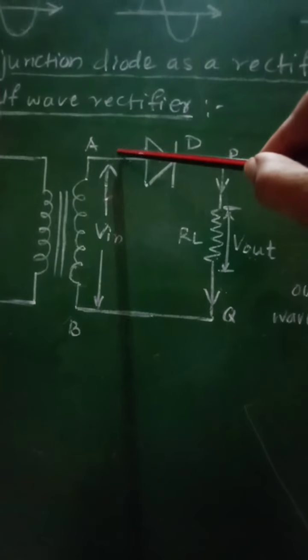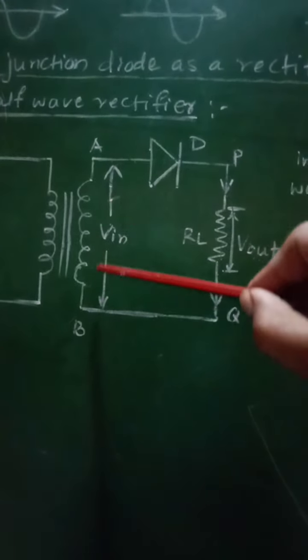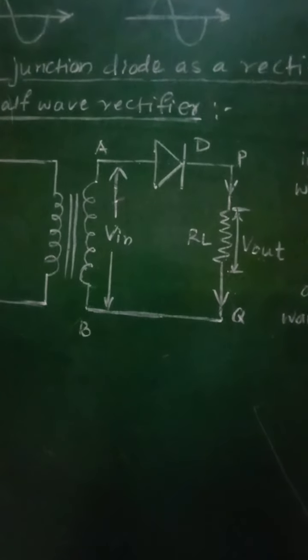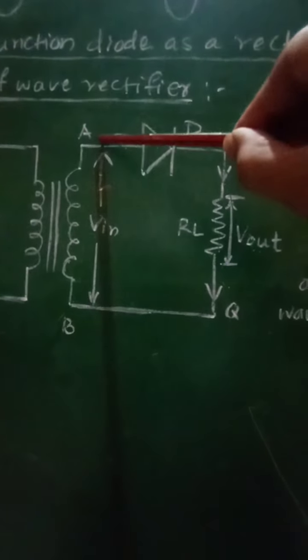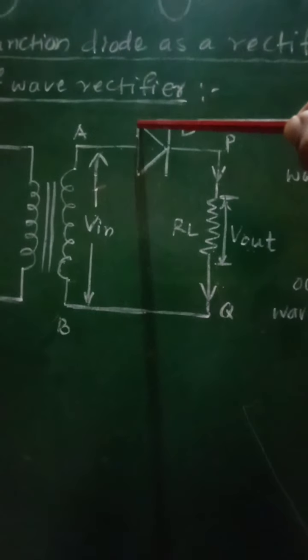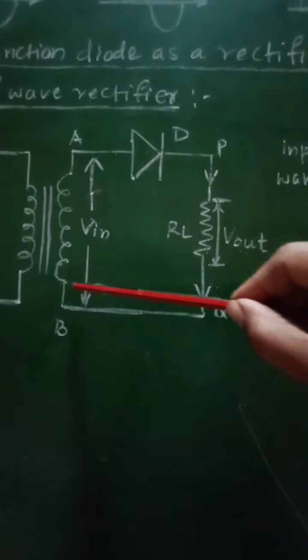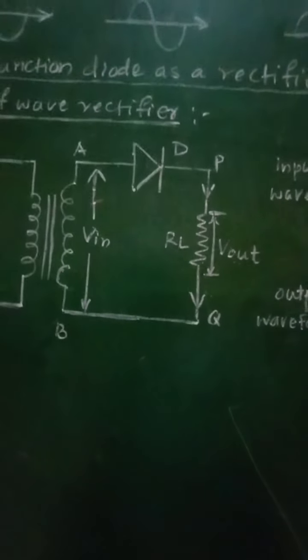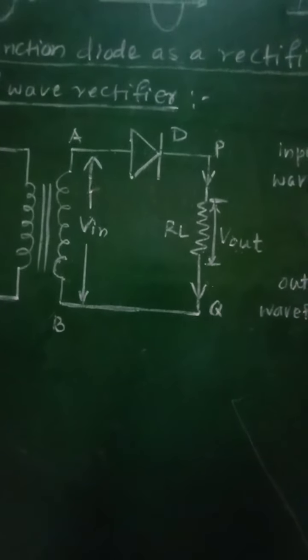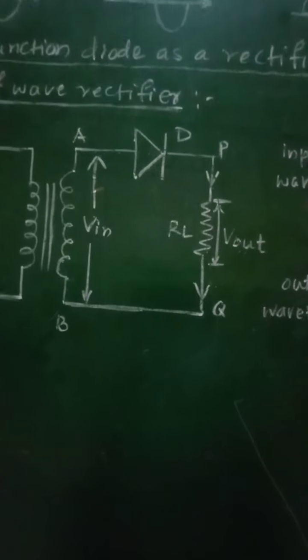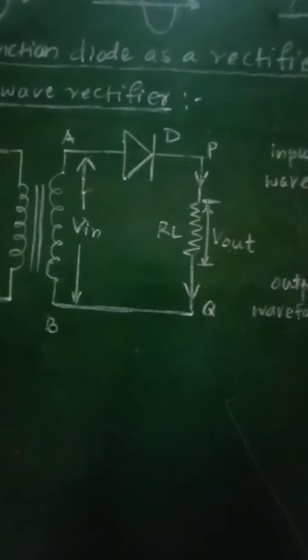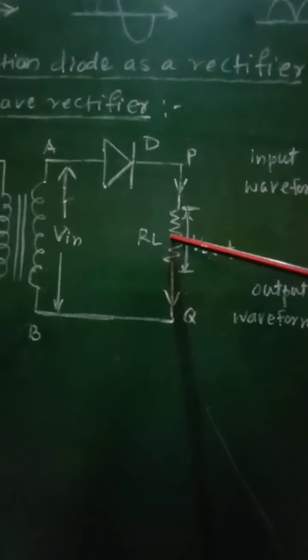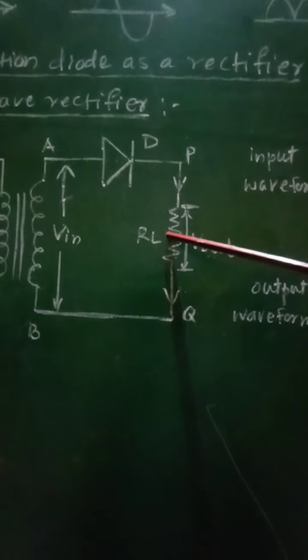That is, the potential of point A is less as compared with the potential at point B, and therefore the negative terminal is connected to the P region of the diode and the positive terminal will be connected to the N region of the diode, and therefore the diode will be reverse biased. As it is reverse biased, it does not conduct current through the circuit, and hence we will get no output voltage across the load resistance RL.